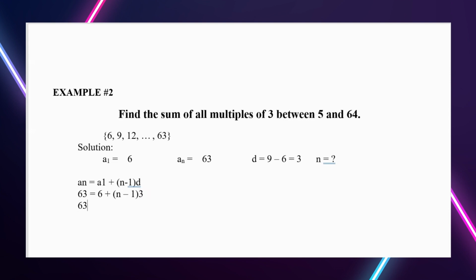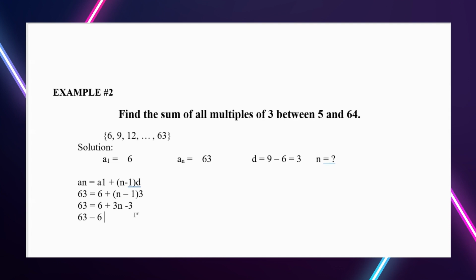Okay, so simplify. 63 is equal to 6. Distributive property, n times 3 is equal to 3n. Very good. Negative 1 times 3 is equal to negative 3. Okay, combine like terms. So, 63. Transpose natin ang positive 6, magiging negative 6.